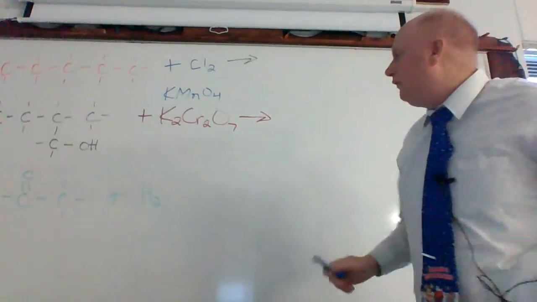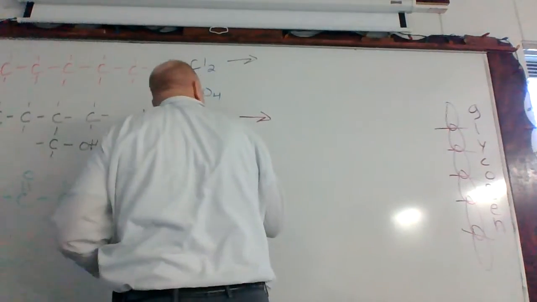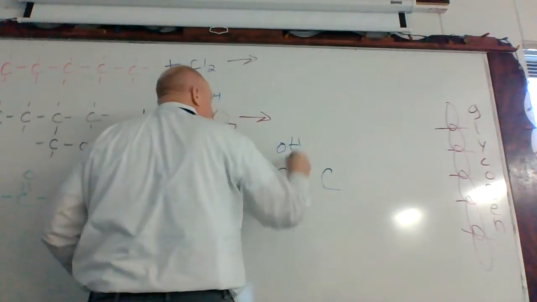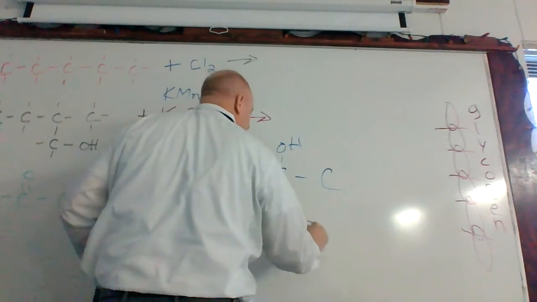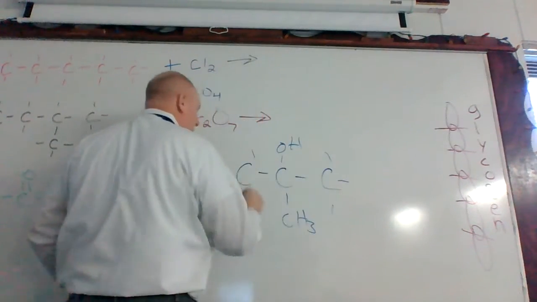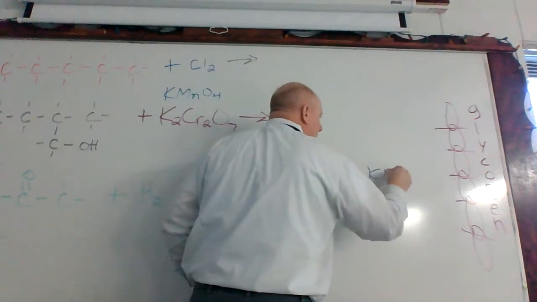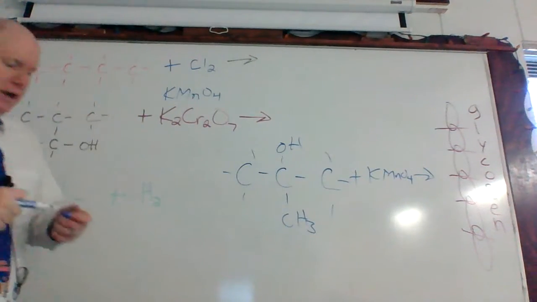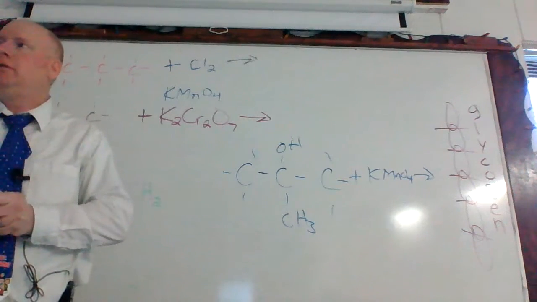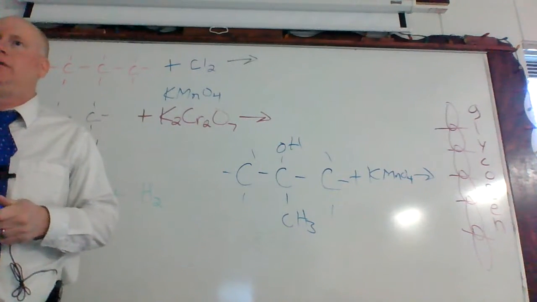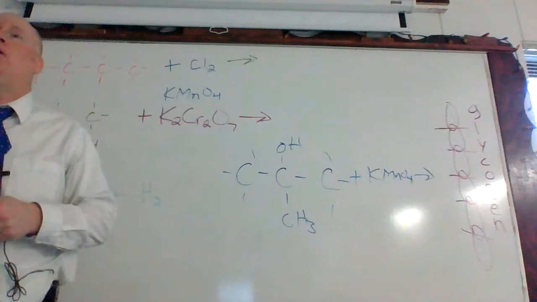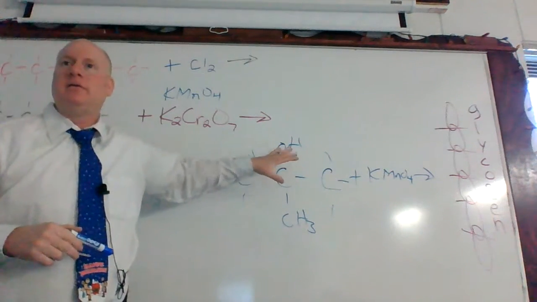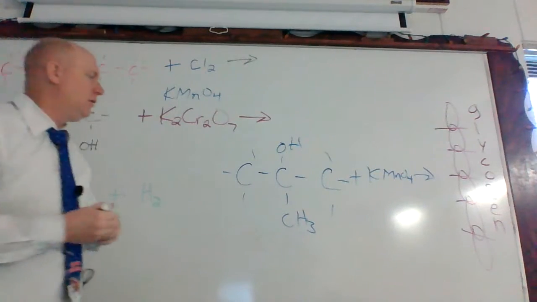So if you see something like this, this would be the simplest, plus KMnO4, what happens? We went through that real quick, but what do you think happens? What type of alcohol is this?